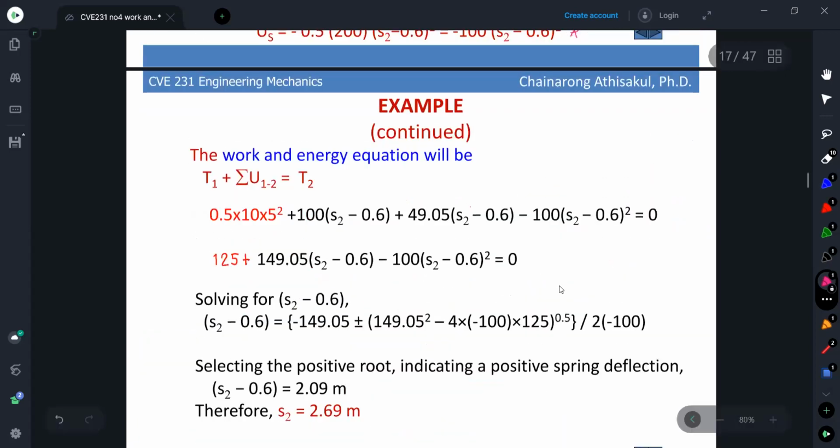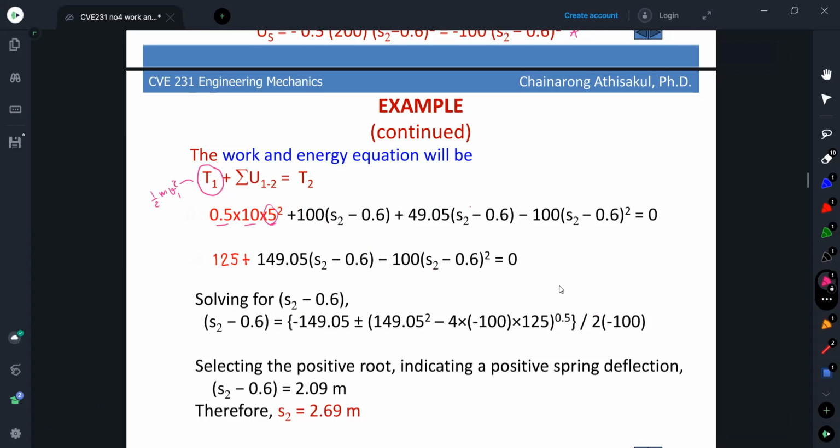We apply these terms into the work and energy equation. The first term is the kinetic energy at the first position, equal to half m v1 squared: 0.5 times 10 kilogram times the initial velocity of 5 from the problem.